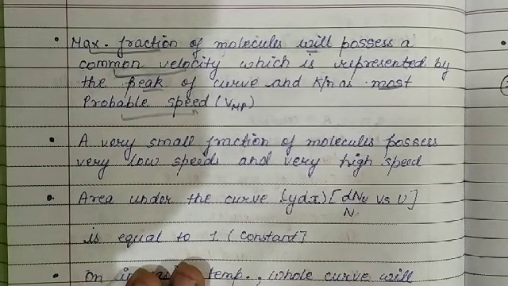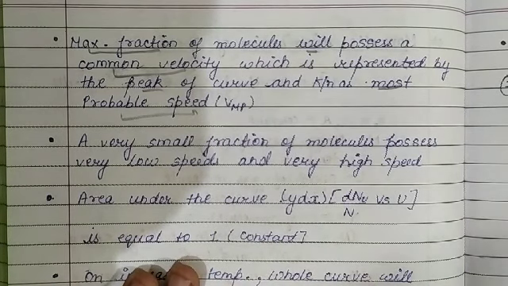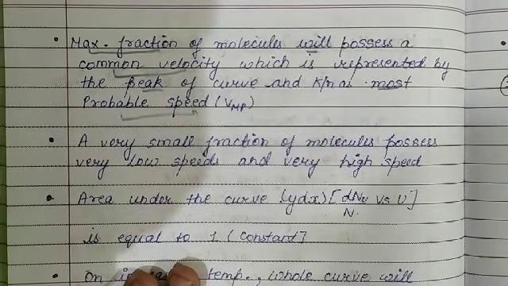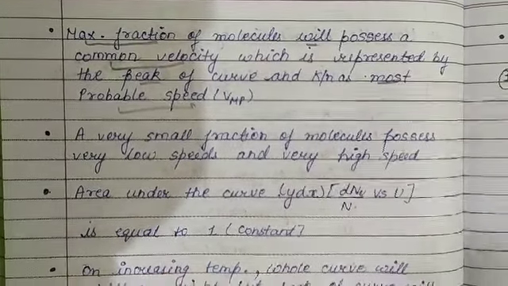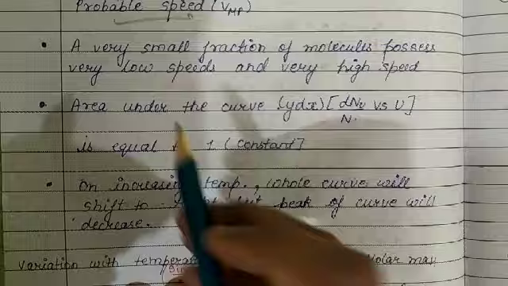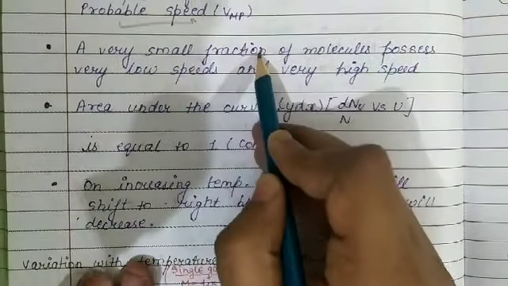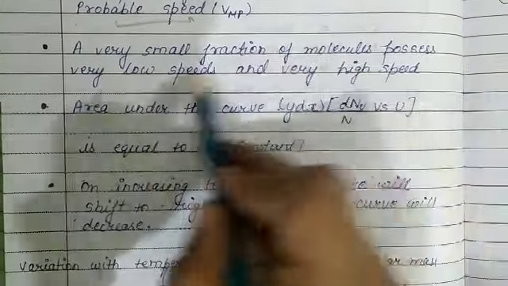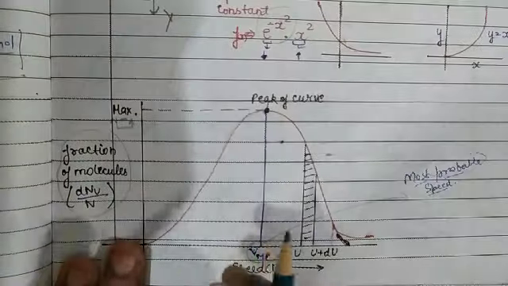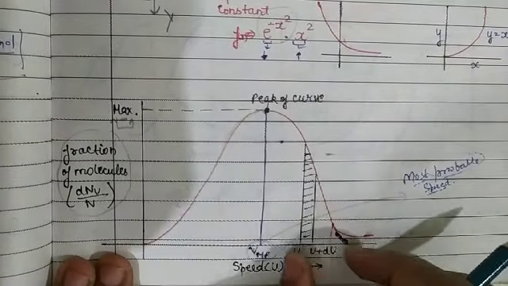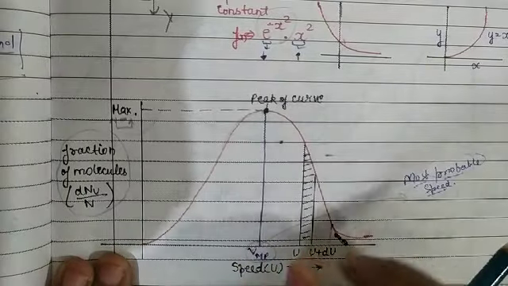Also, a very small fraction of molecules possess very low speed and very high speed, as we can see from the graph. Low speed is this region and high speed is this region.